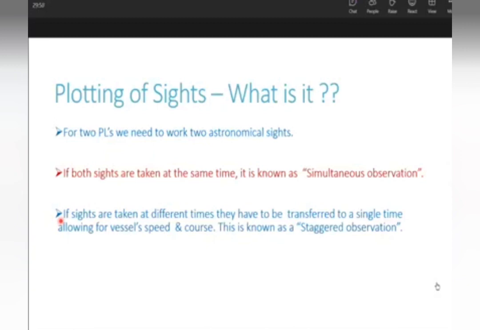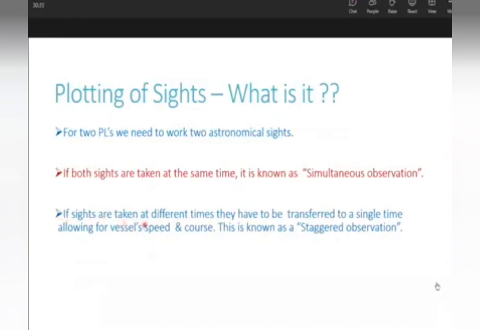Now after some time, when you take the site again, you get a different position line. So now in this case we have 2 position lines for different times. These can also be combined and can be used to get the fix of the ship. This type of observation is known as a staggered observation.